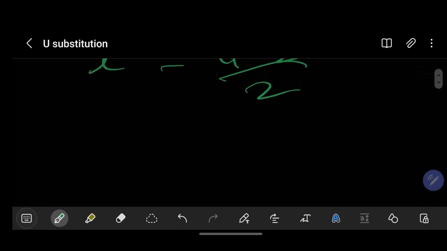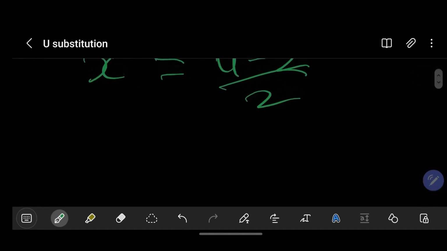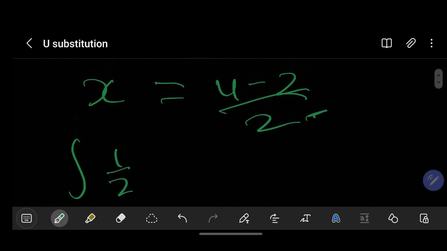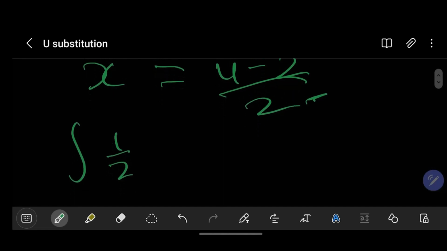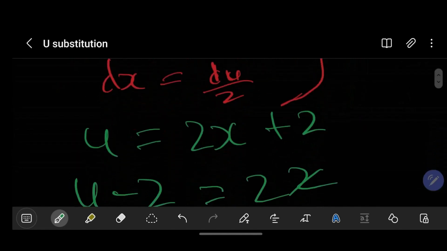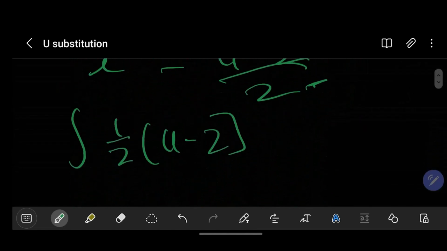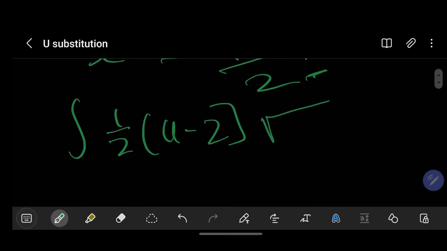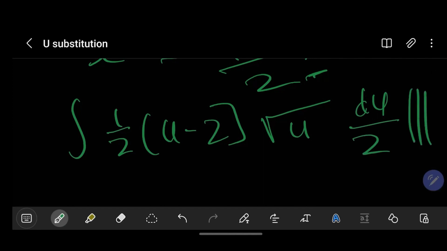So we'll now rewrite this as the integral of a half. So taking the 2 from here, it's basically a half, and we know x is u minus 2, and then we know we made u 2x plus 2, so we now have this as the square root of u du by 2. Okay, so this is now our integral that we need to solve for.